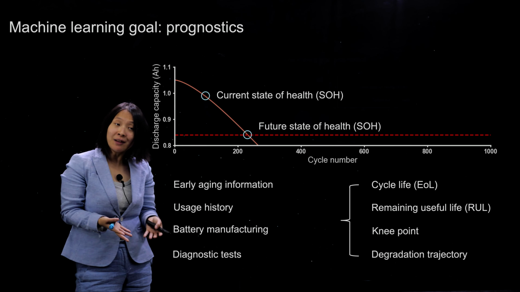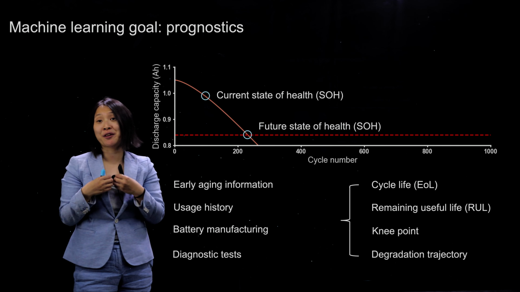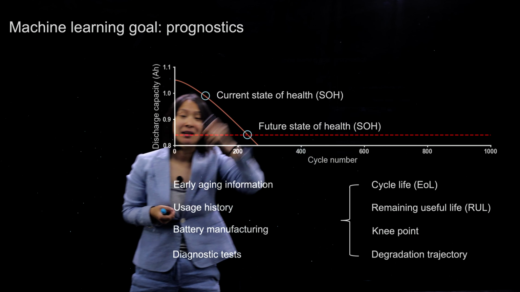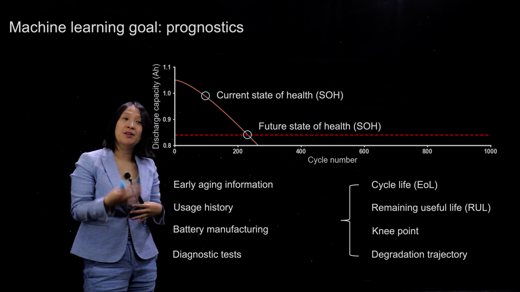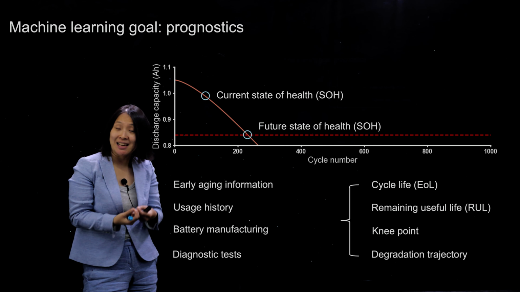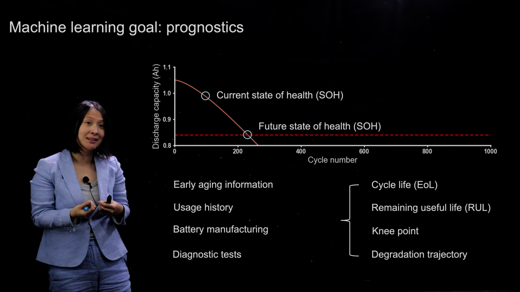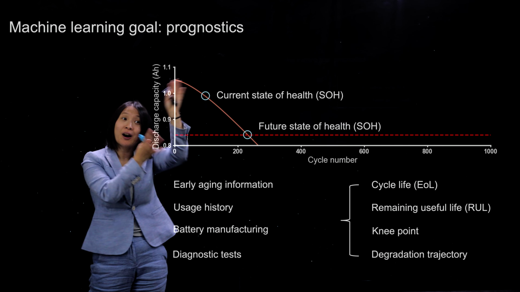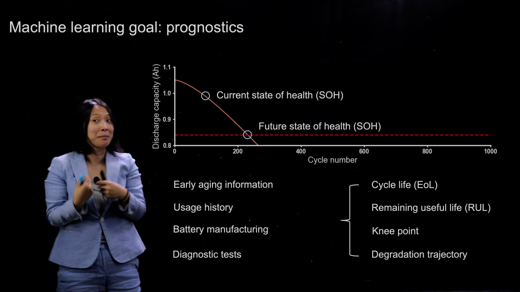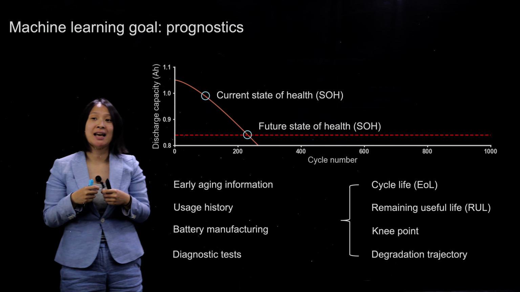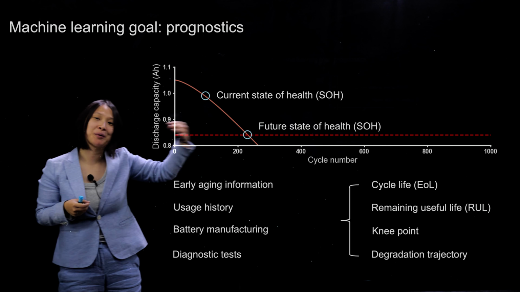We may even use information from the battery manufacturing, so before the aging tests. And often people use diagnostic test information. These are specific tests designed to help us understand the current state of health of the batteries, and we can use the features from the diagnostic tests to help make our prediction.